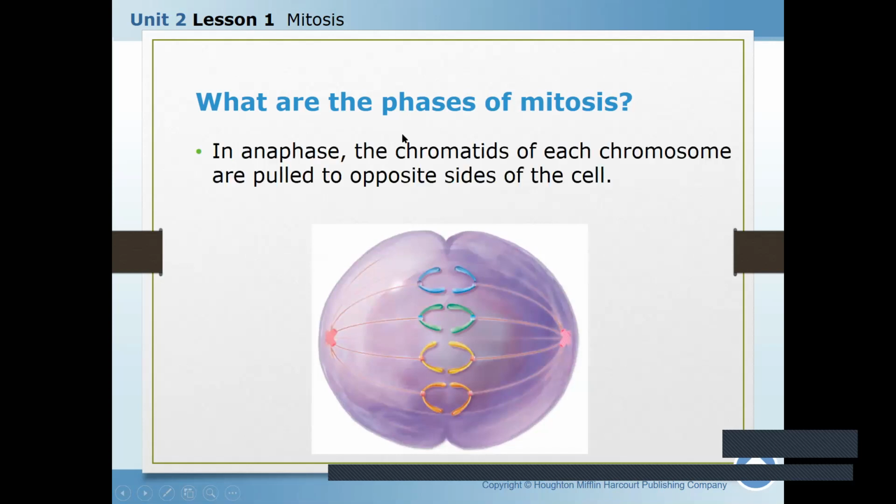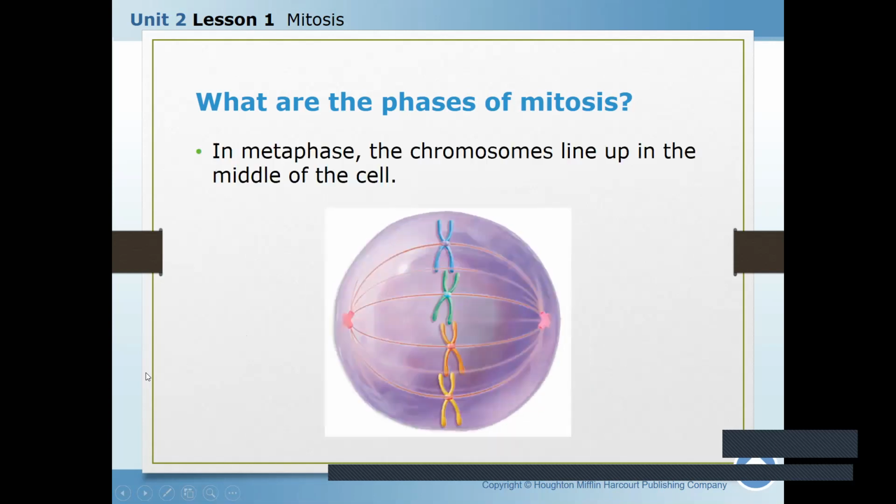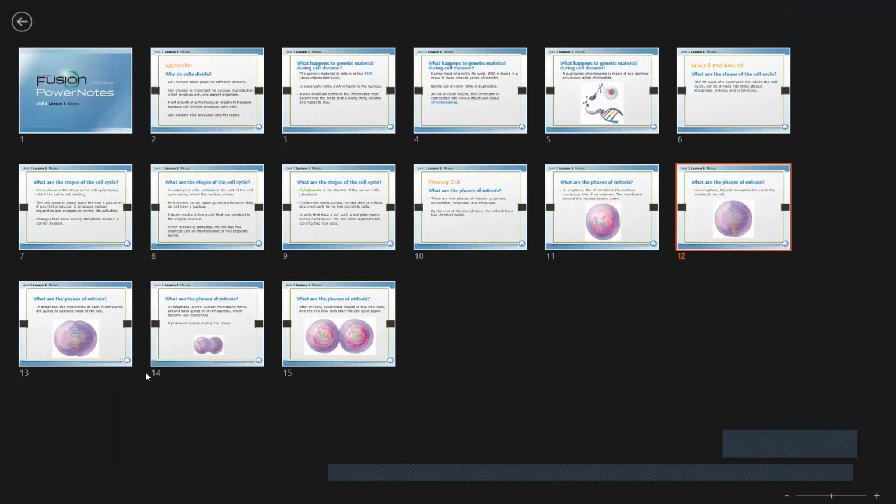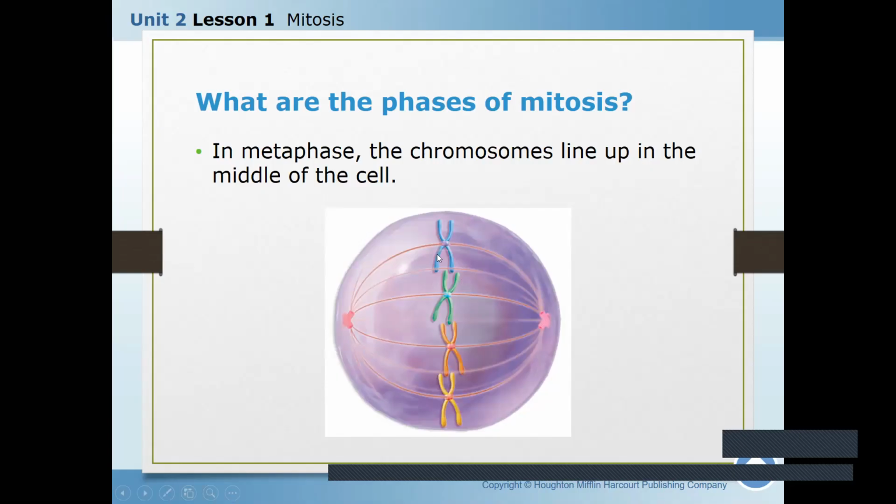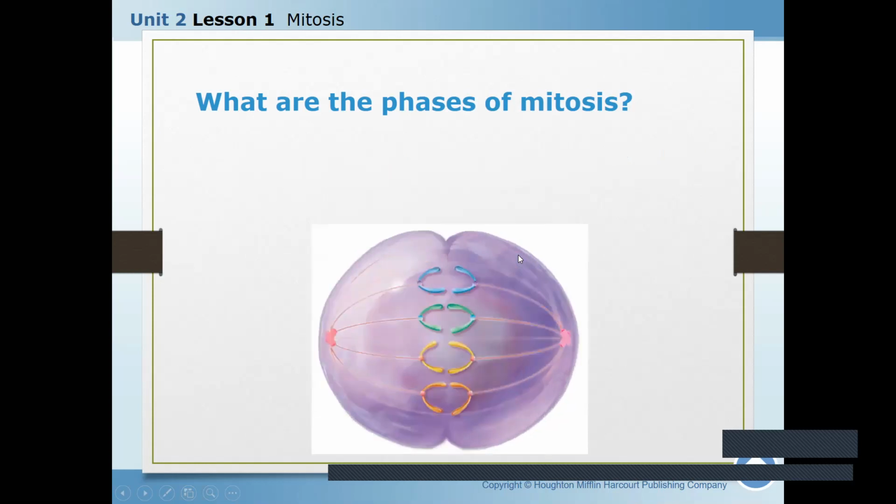Now next, in anaphase, the chromatids of each chromosome are pulled to the opposite side. When I say pulled to the opposite side, they go to their opposite side. Like how was the diagram here before? It was like this, right? It was this way.